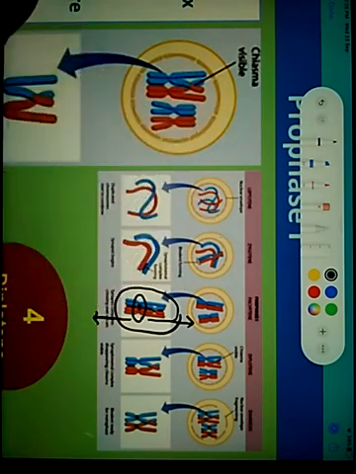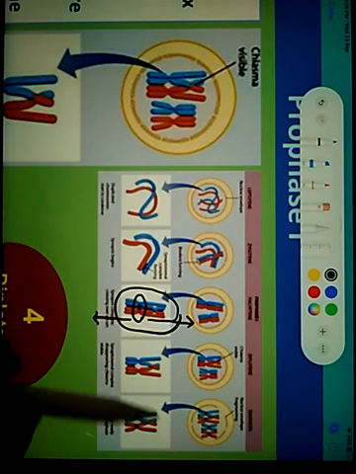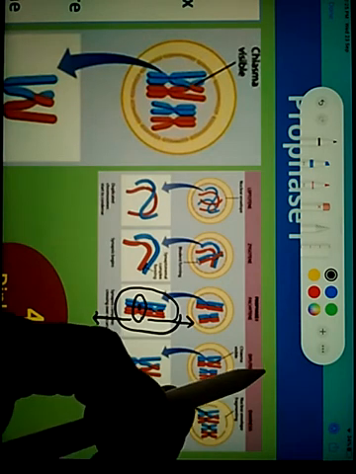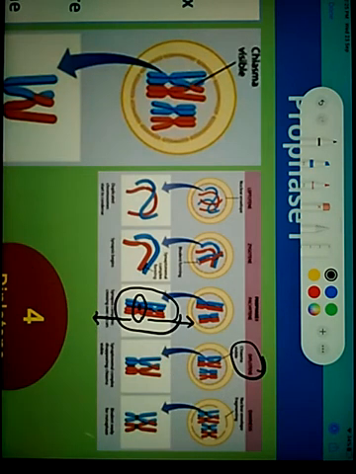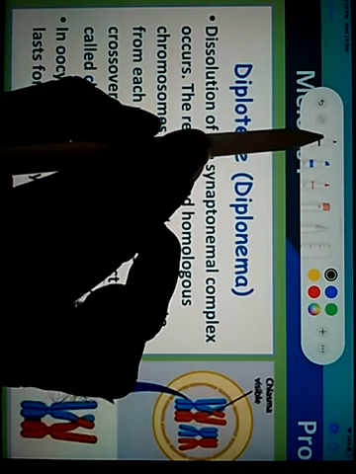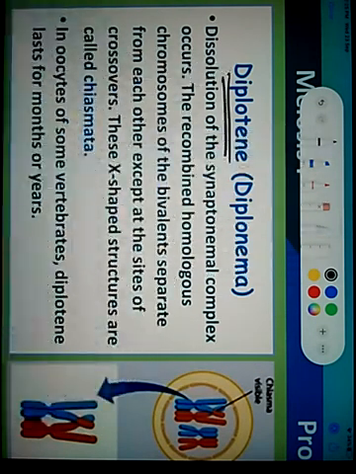Now that has to be dissolved, and both the chromosomes are again to be separated, and that's the speciality of diplotene. It is getting the separation of two chromosomes again.